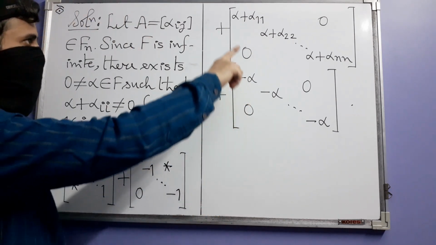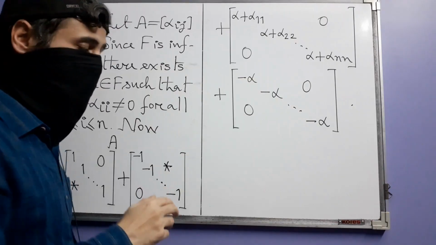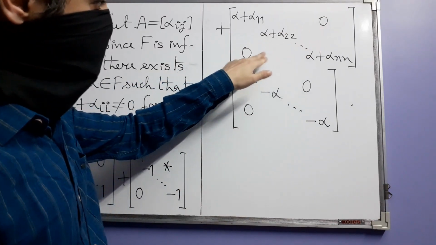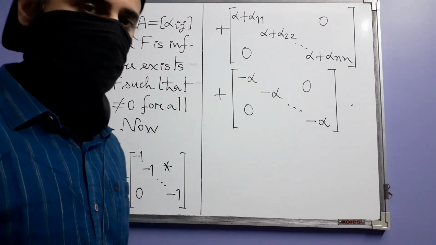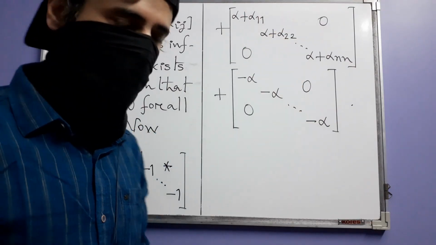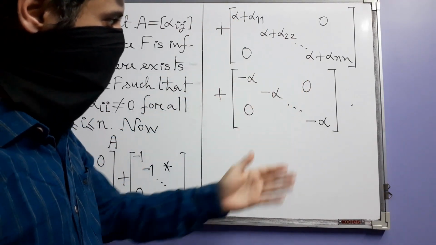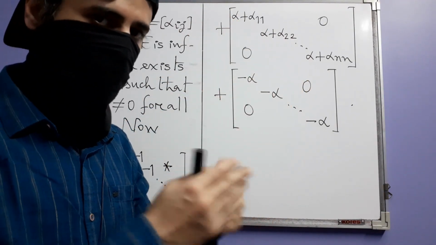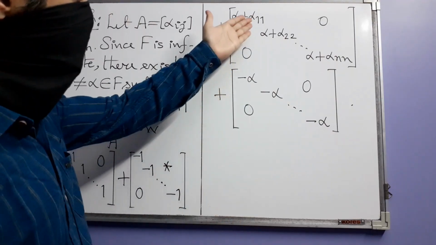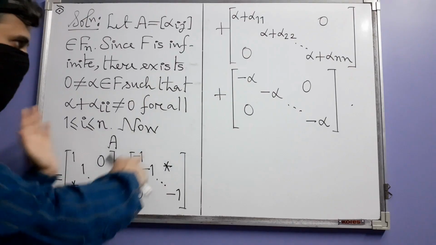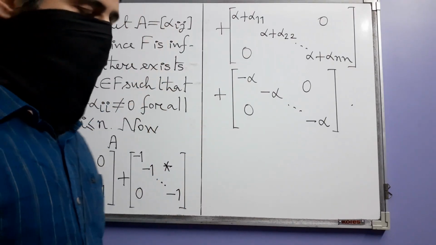They are then next taken care of by these two diagonal matrices. Here 0 here and 0 here, these zeros indicate that these matrices are diagonal. And if you look at the diagonal entries and add them up, corresponding diagonal entries, then you get the diagonal entries of A. So that is why this entire sum is equal to A.